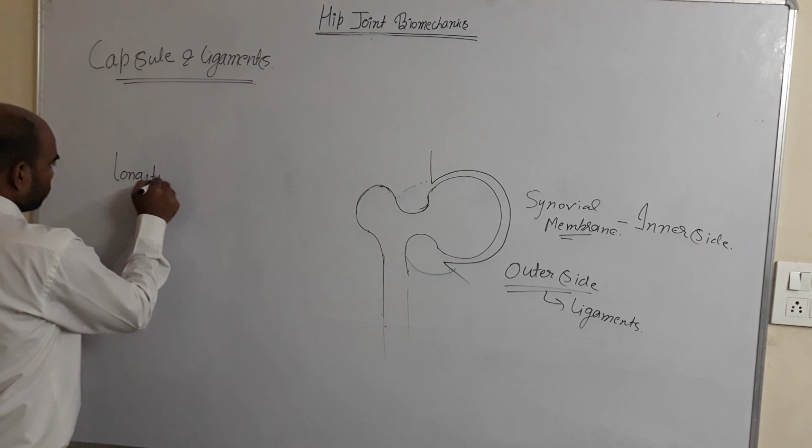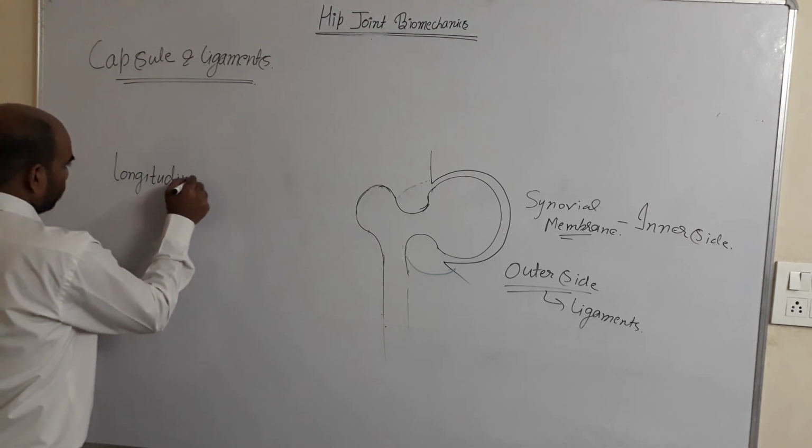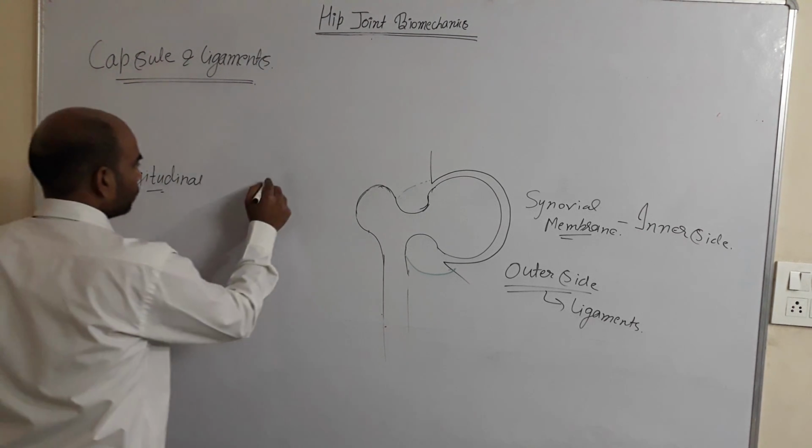The capsule has two types of fibers, longitudinal and circular.